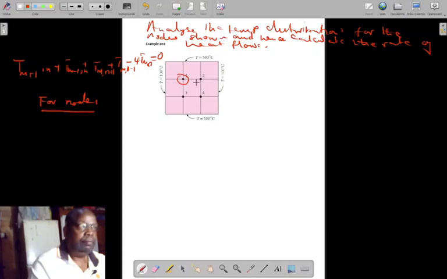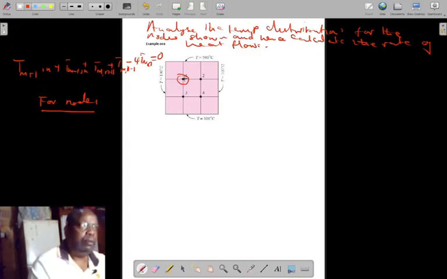If you go to the left you go to this surface that is at 100. If you go up you go to this surface that is at 500, and if you go down from node 1 you go to T3.